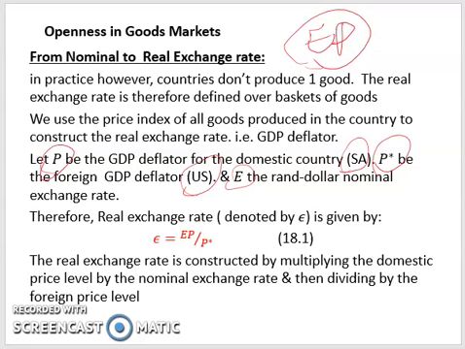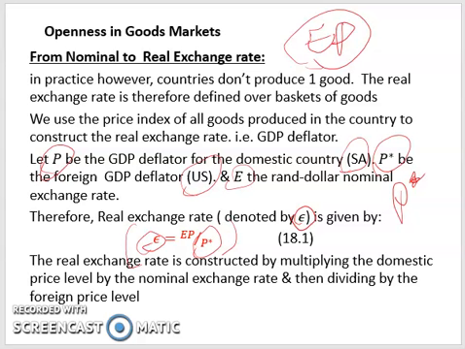Because the price of the US goods in dollars is given by P with a star, the real exchange rate, which is the price of the South African goods in terms of the US goods, which we shall call epsilon, the Greek lowercase letter, is given by equation 18.1 here, which says the real exchange rate is the ratio between the price of the South African goods in dollars and the price of the US goods or foreign goods in dollars.